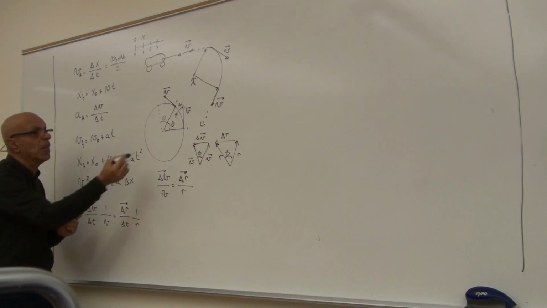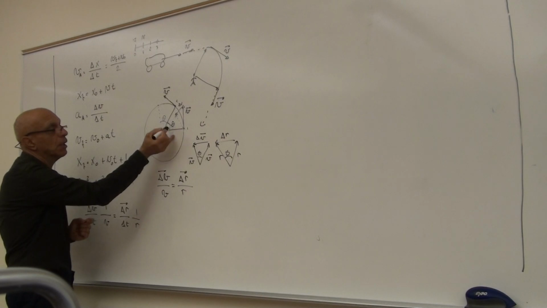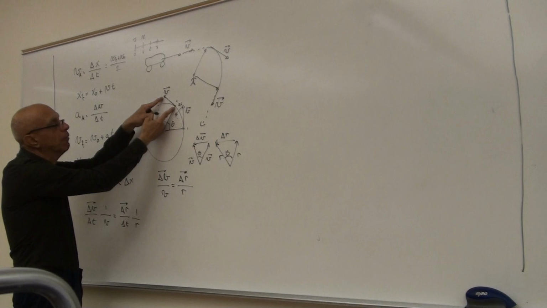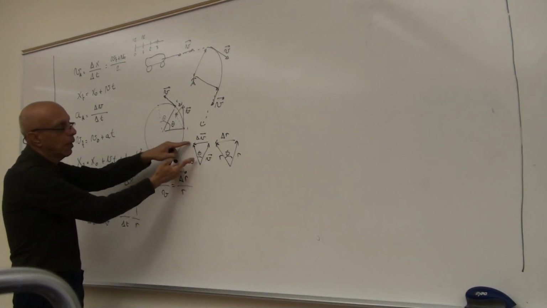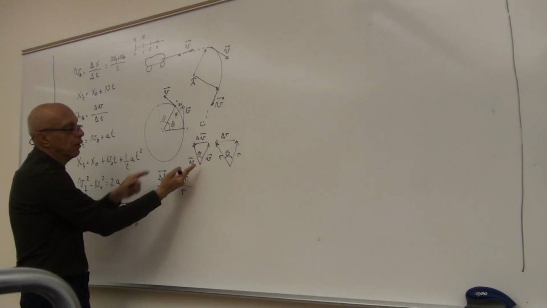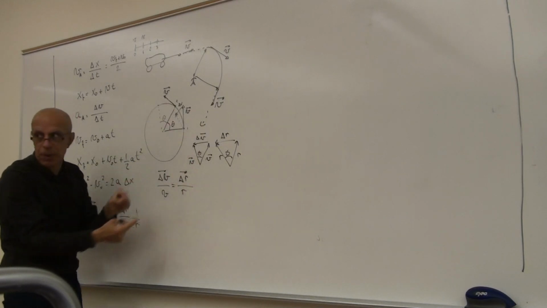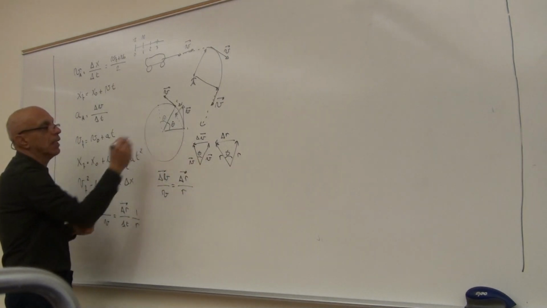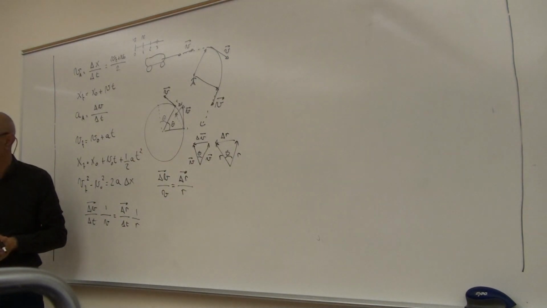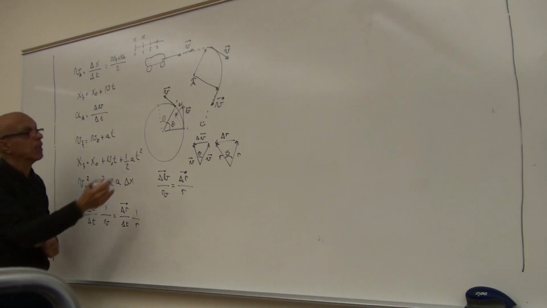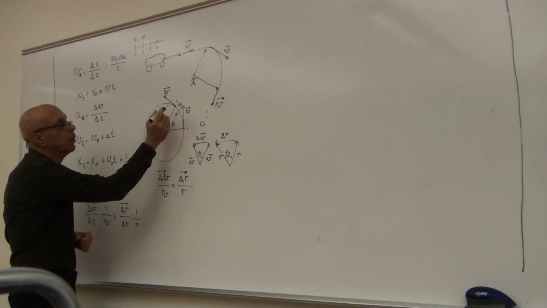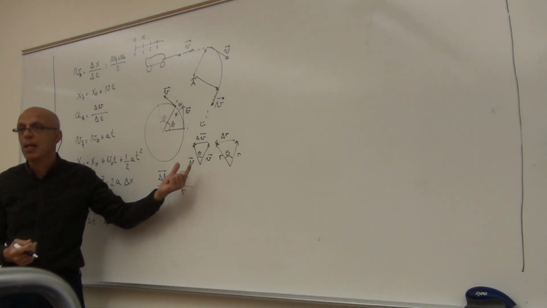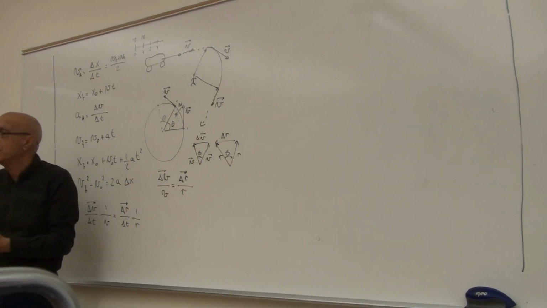Now, the change is delta. If I bring the second vector down here to the initial vector, the angle here is going to be theta. It's the same thing, because this is perpendicular, this is perpendicular, and when I brought that down, this angle is the same. Now I'm asking, what is the change in velocity?